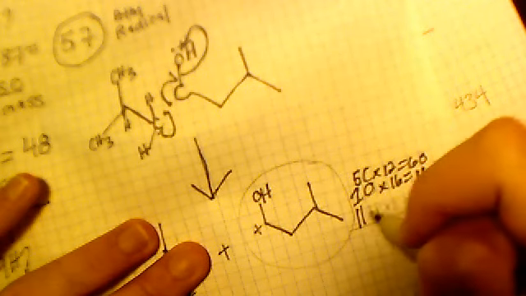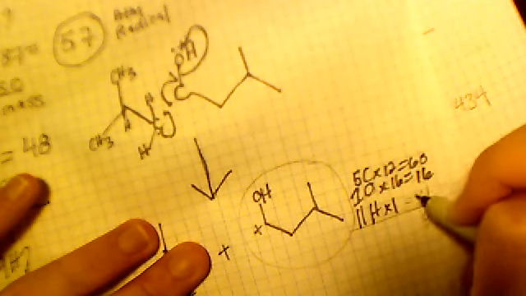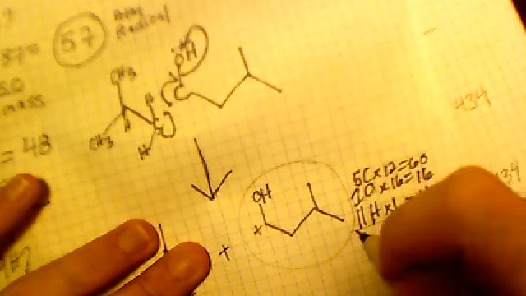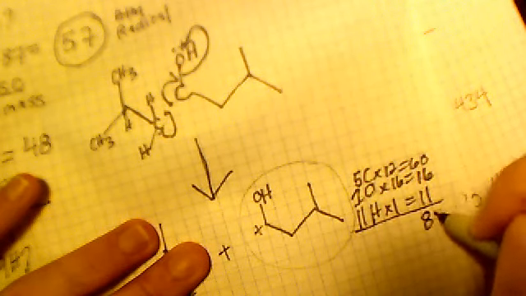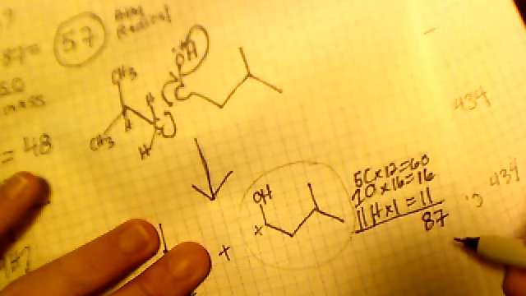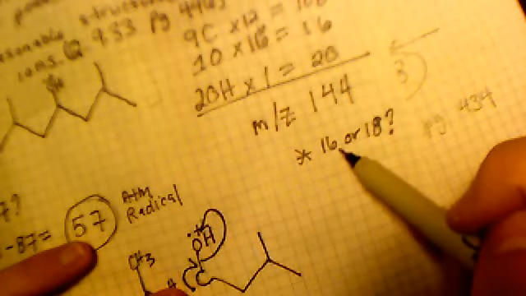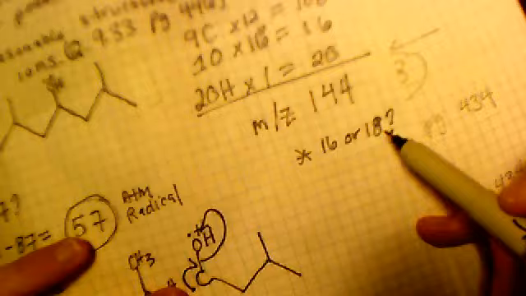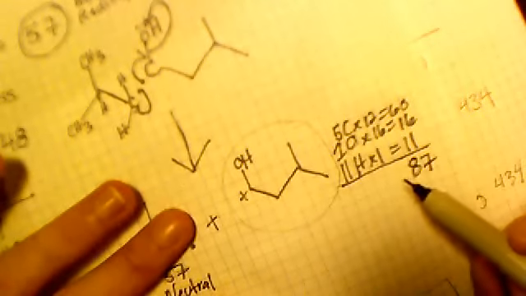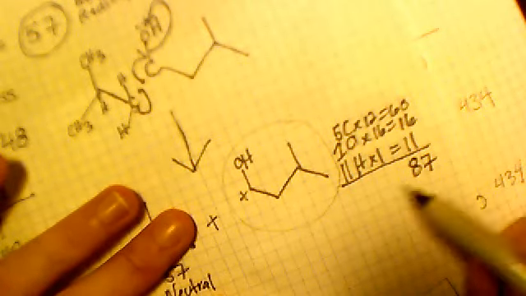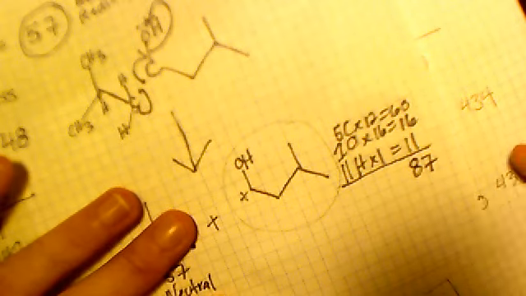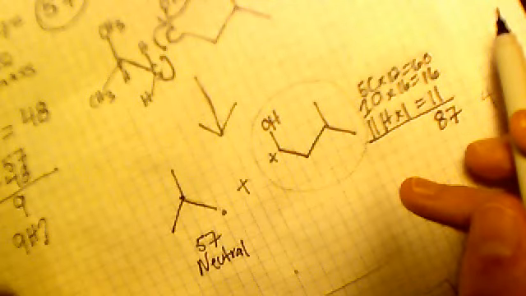And it has 11 hydrogens times 1, which equals 11. That gives me 87. Now that also answers my question about whether it was oxygen 16 or oxygen 18, because if it was oxygen 18, this would be 89, and there was no answer for 89.